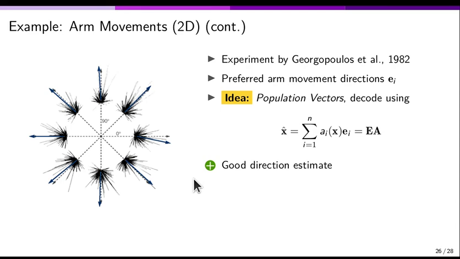By definition, it's going to be worse than what we've just done, because what we've solved for is the optimal decoder. So any other decoder must be worse, just by definition. But this method is actually a pretty good direction estimate. It gives a decent idea of what the overall direction of the movement is. But actually knowing how far the monkey is planning to move from that information?